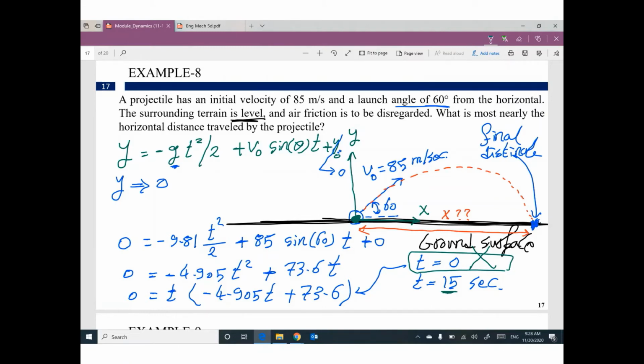But the problem did not ask for the required time. We are looking for the horizontal distance. Okay. I figured out the required time to help me use the horizontal distance equation.